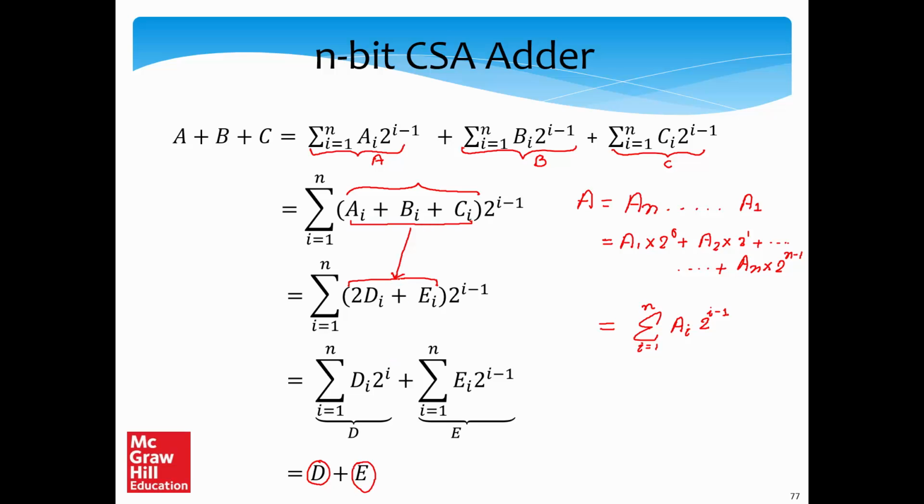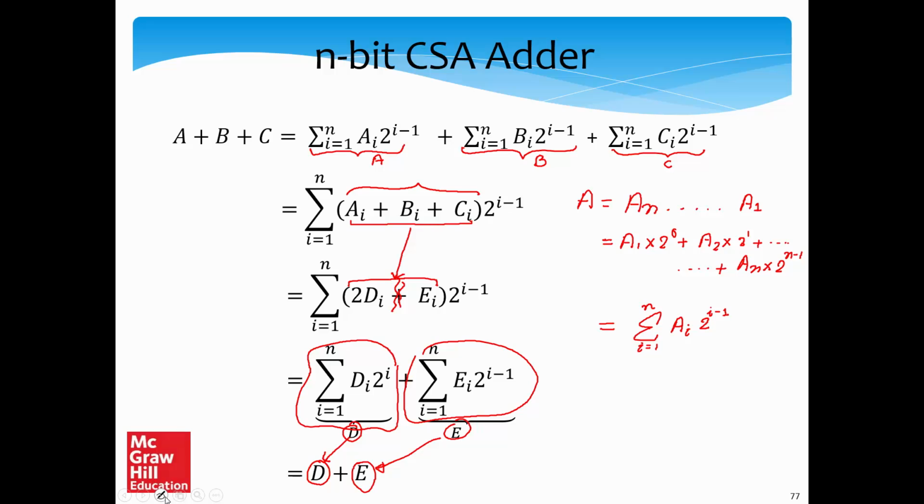Once we have done this, we can break up this expression into two terms, the sum for i equal to 1 to n of di times 2 to the power i. This is one binary number, which we can treat as d, and this is one more number, which we can treat as e. So we have replaced the sum a plus b plus c with two numbers d and e.